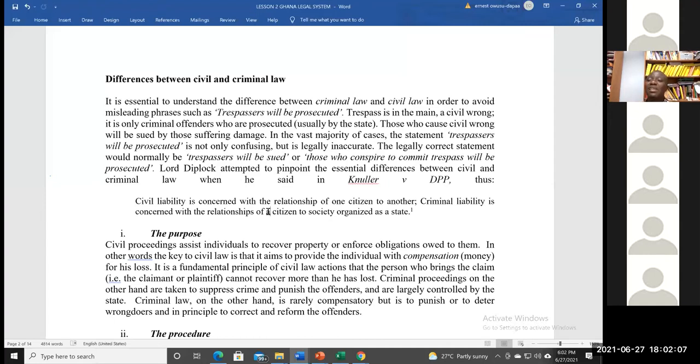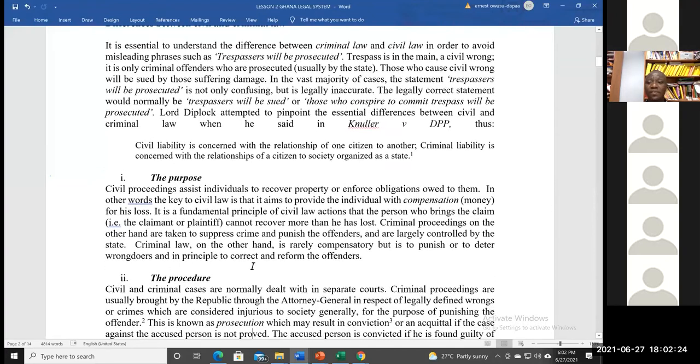But that is not the main objective. That is just a tangential, or peripheral, aspect of criminal law. So let's keep that in mind.